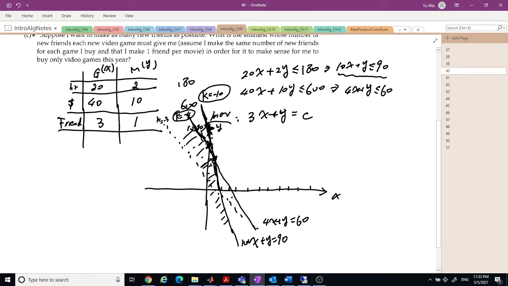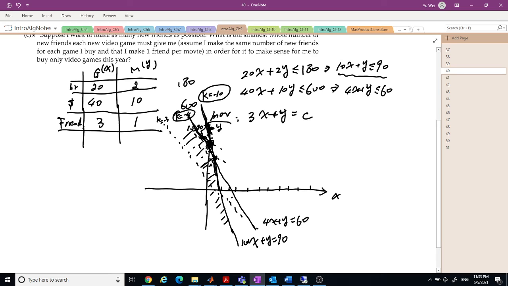Because when we move to this point, it is somewhere here, and we can still move to this point. This is the point we can move in to maximize our point.